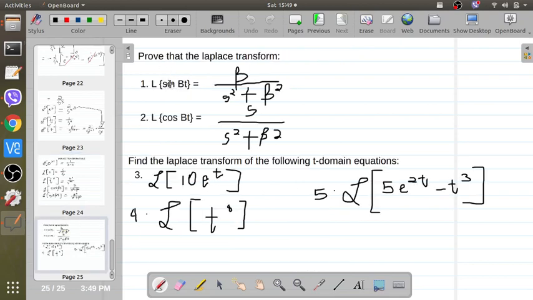That is your first activity. Second, find the Laplace transform of the following t-domain equations: 10 e raised to the power of t, then t to the power of 8, and lastly 5 e raised to the power of 2t minus t cubed. So, that's all for today, and thank you.